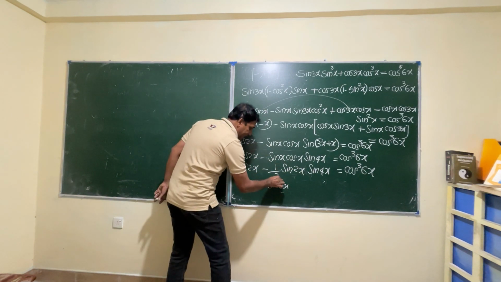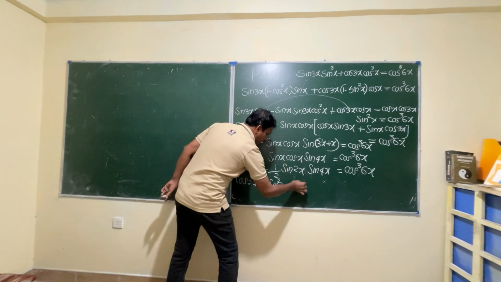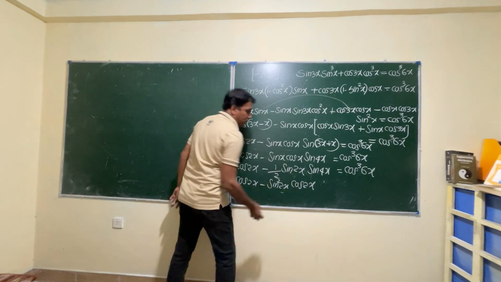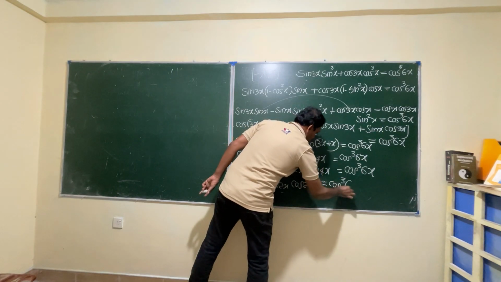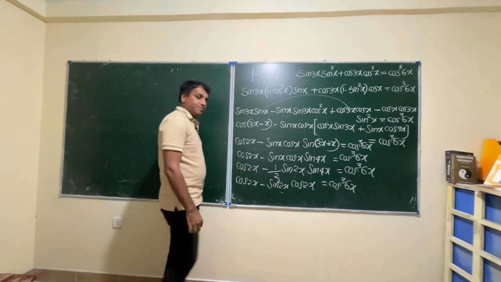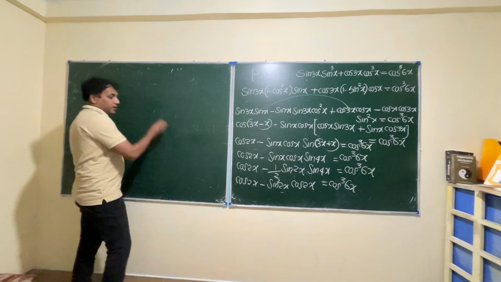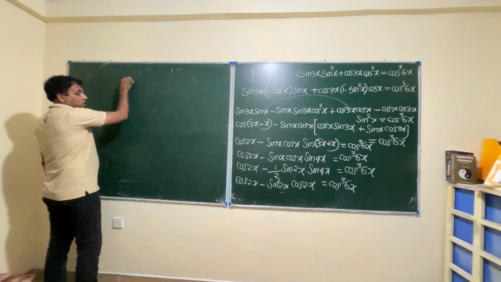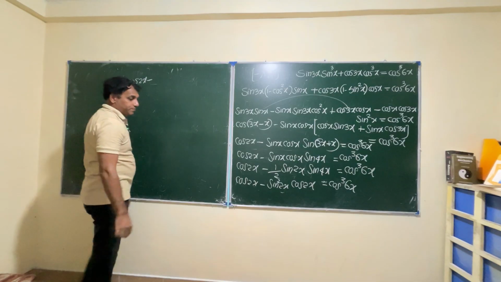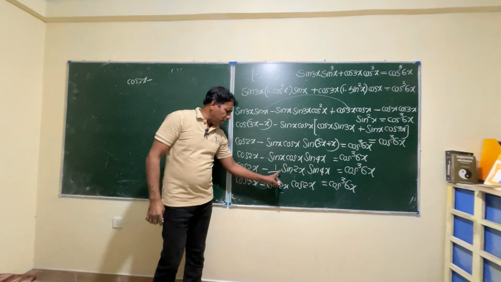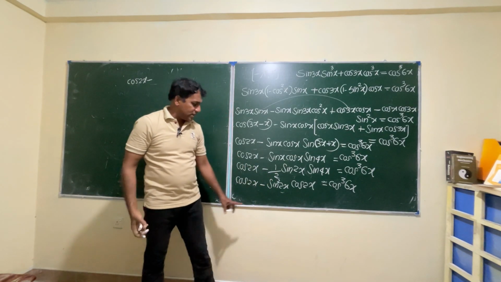That sine, another sine, sine square, okay? Cos 2x, right? The other side, cos cube 6x. I show here, cos 2x next, cos 2x minus, can I write completely in terms of cos?